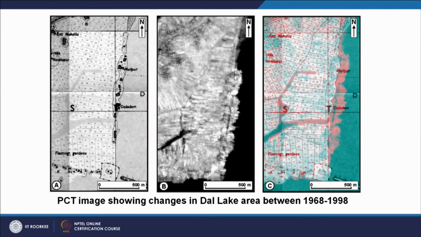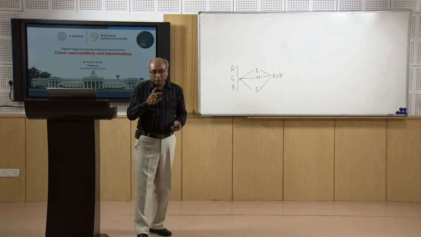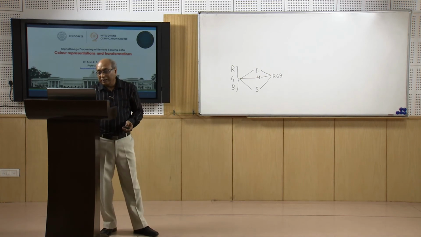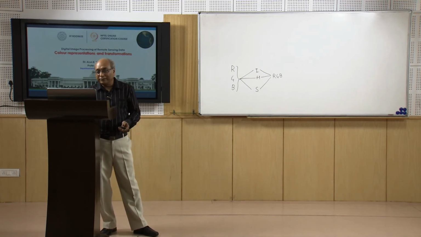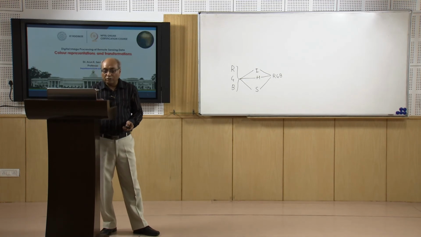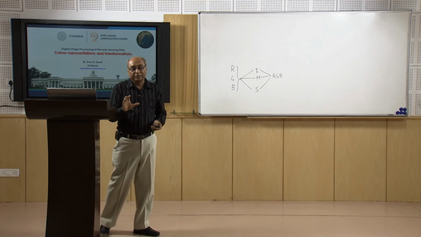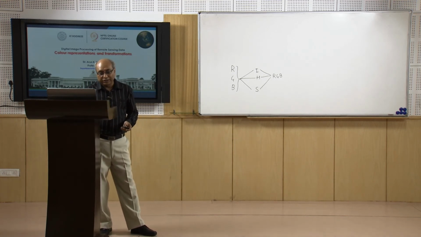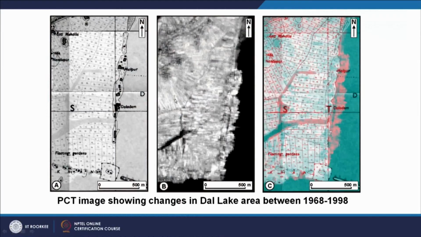We split it, used one as the intensity map, and then you have one more channel, and the same channel is repeated here. So instead of 3 RGB channels, now we have 2 and one is repeated, and the output is very interestingly showing the red color. These are all the changes which have occurred between these 30 years. The map belongs to 1968, the satellite image belongs to 1998, so there is a 30 year time reference.